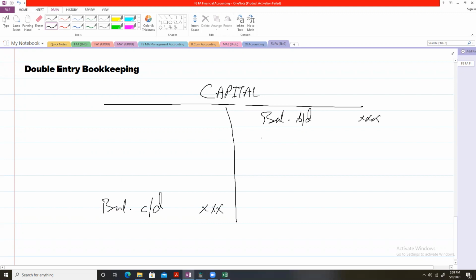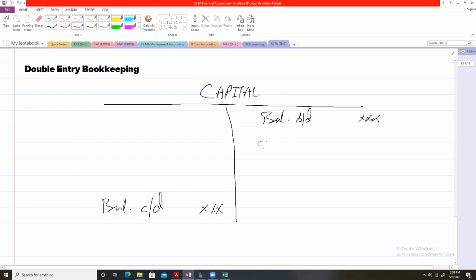Now, what if we introduce more capital into the business? What if the owner invests capital into the business? The total capital will increase as the owner makes more investment in the business.